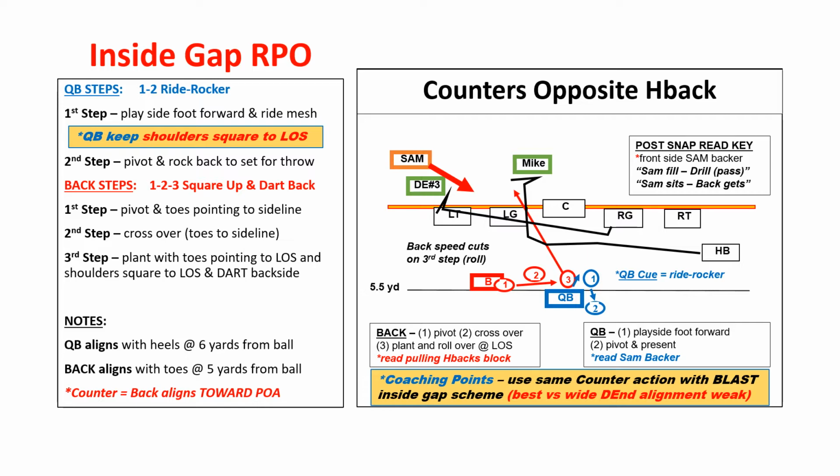If he does decide to give the ball to the back, then he can turn his body so he can seat the ball in the belly for the back, but still then rocker back and do his fake pass action. Again, we're reading the Sam backer, and for us, the Sam and the Mike are always to the direction we're going, so even though it's a counter, we still are going to read the Sam backer.